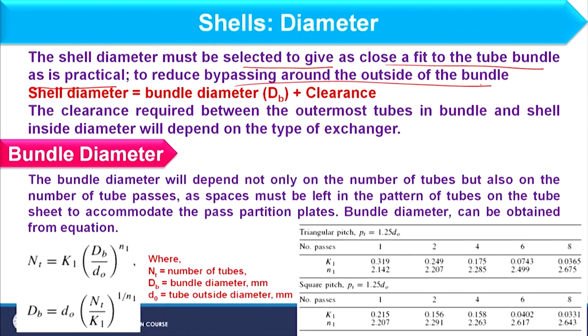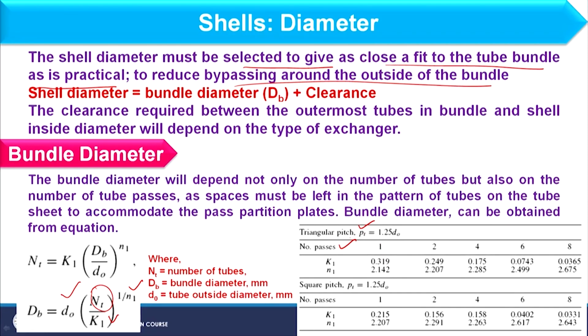Now considering this, we can calculate bundle diameter using this equation, where D naught is the outer diameter of tube, NT is total number of tubes irrespective of the passes, right. And K1 and N1 are the parameters which depend on the type of pitch and the number of passes.